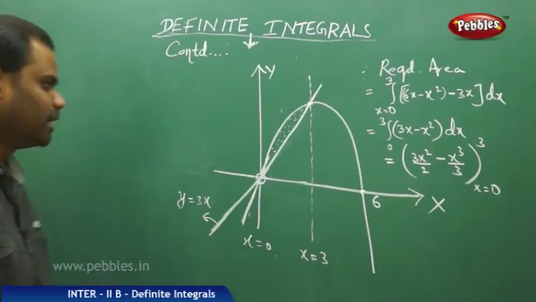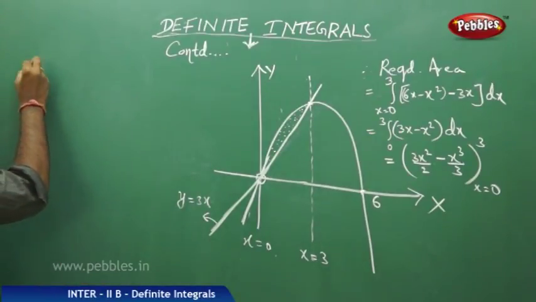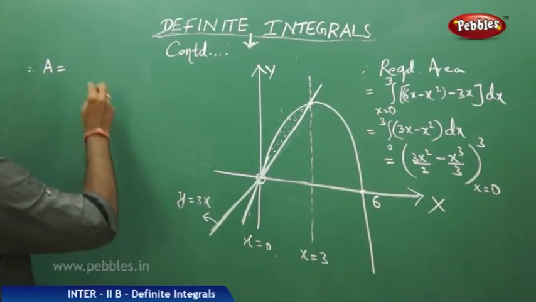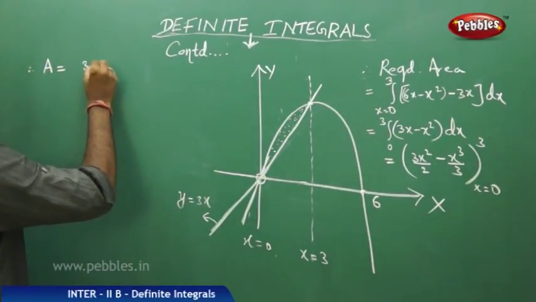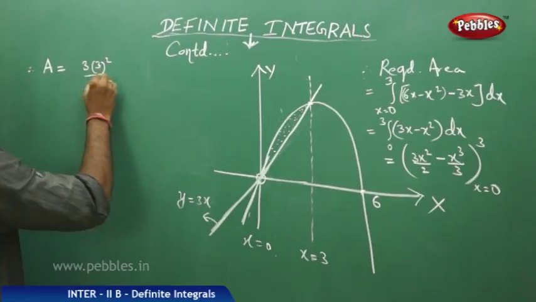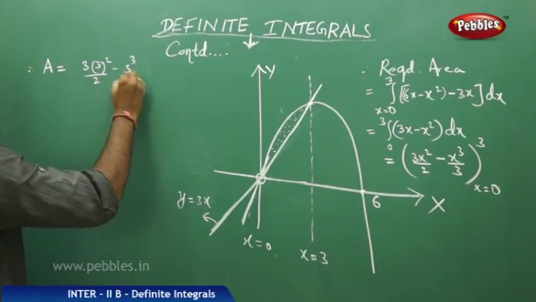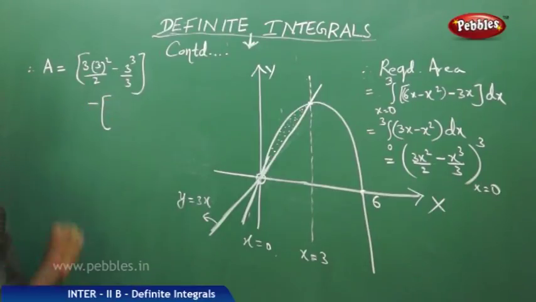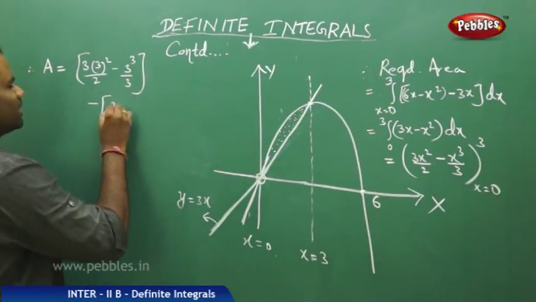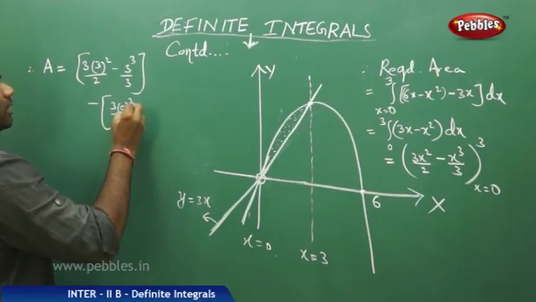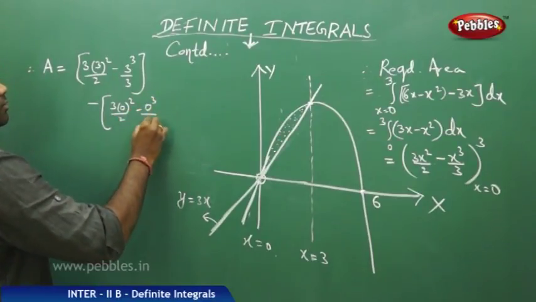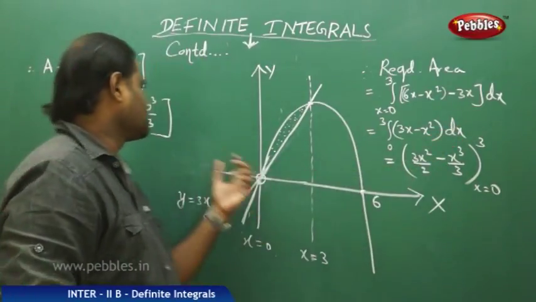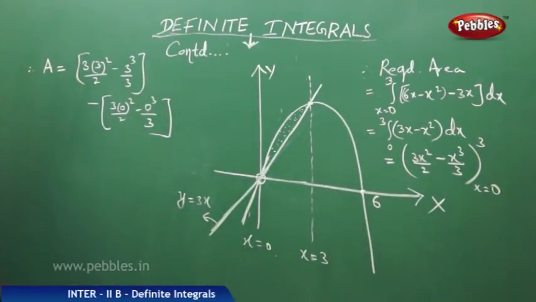So continuing from there, I find the required area to be 3 times of 3 squared by 2 minus 3 cubed by 3 minus 0, 3 times of 0 squared by 2 minus 0 cubed by 3, is how we get with upper limit substituted minus lower limit substituted in the function.